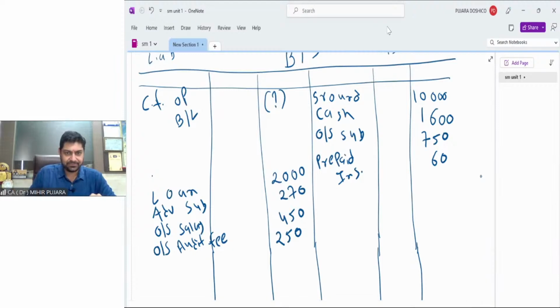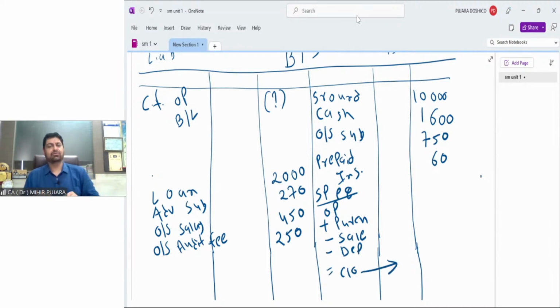Okay, guys. Opening plus purchase minus sale minus depreciation equals closing. This is our routine balance sheet format.